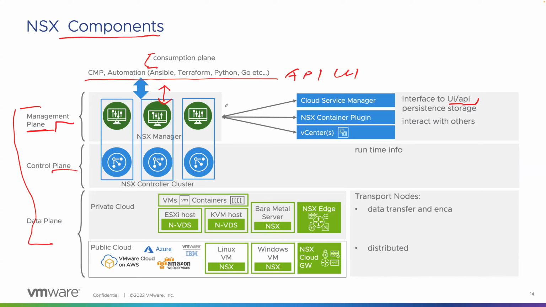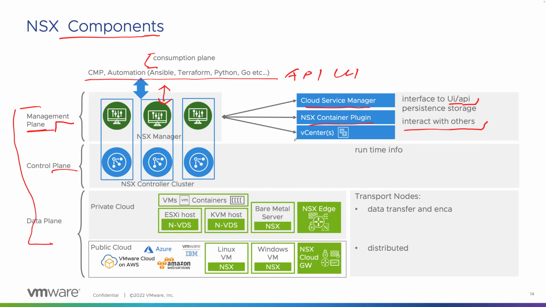For example, when you have a new configuration, the management plane helps you evaluate your configuration and store your configuration, and also interacts with other components, for example, the container plugin or CSM, vCenter. So this is what the management plane is for.